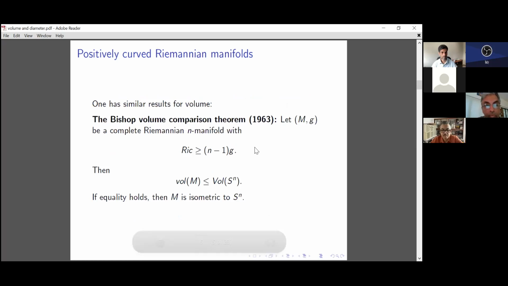Coming to volume, again the notion of positivity needed is just Ricci curvature. Let M be a compact Riemannian n-manifold with Ricci curvature greater than or equal to the expected value. Then the volume of the manifold is less than or equal to that of the sphere. In this case, the proof directly yields that if the volume is actually equal to that of the sphere, then M is isometric to the round sphere.